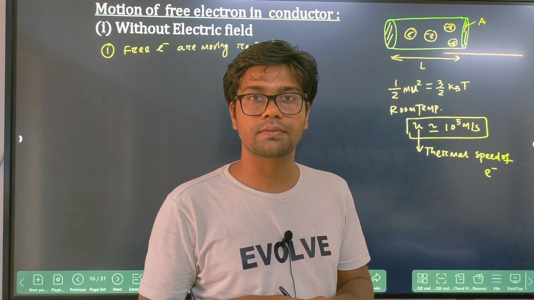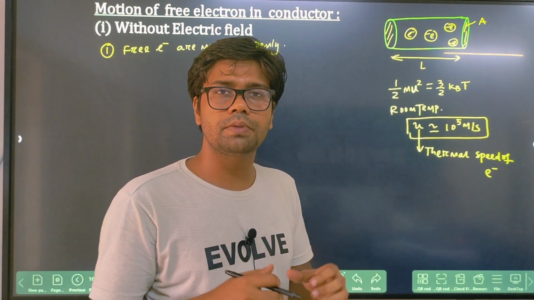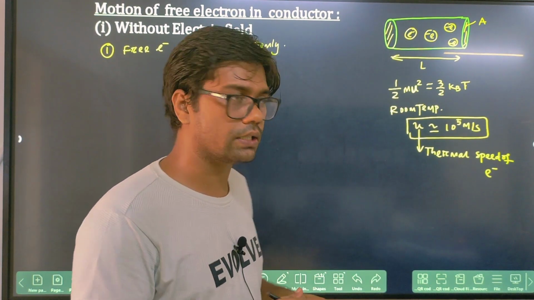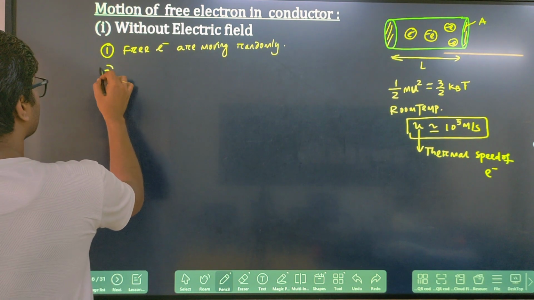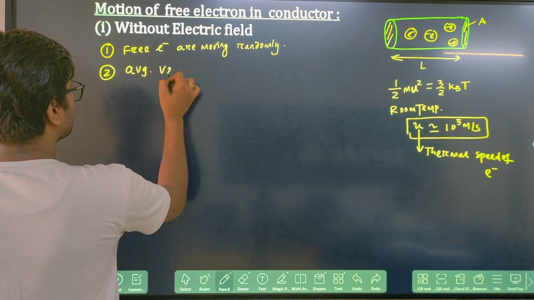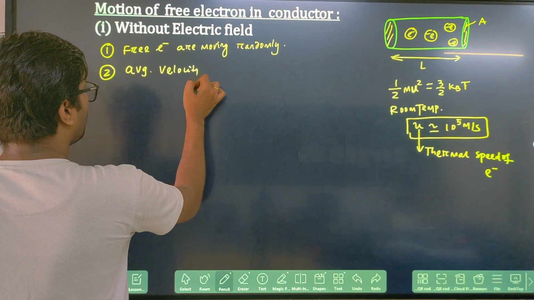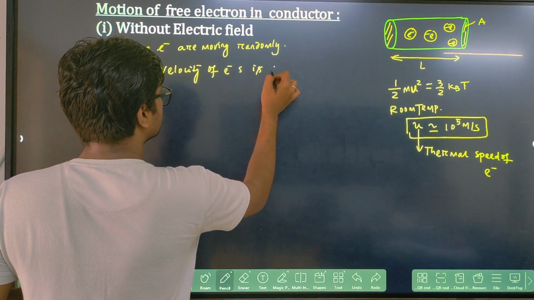So due to the temperature, these electrons are moving with 10 to the power 5 meter per second inside the conductor, right? If these electrons are moving in random directions, in all directions, then you can say that the average velocity of electrons is 0.